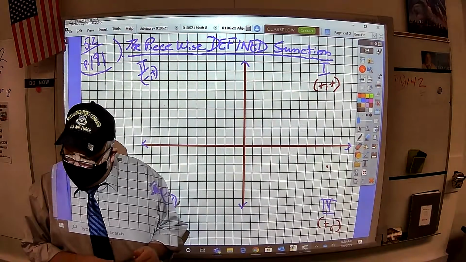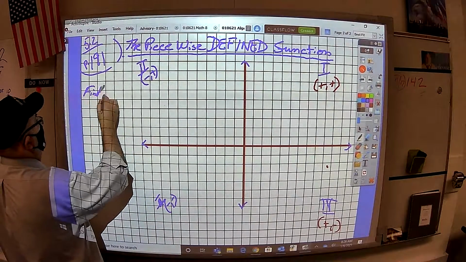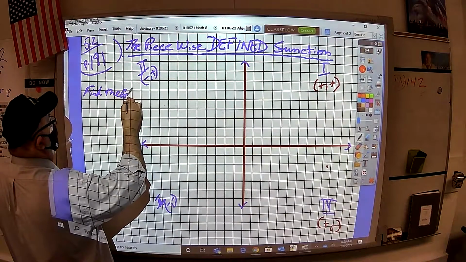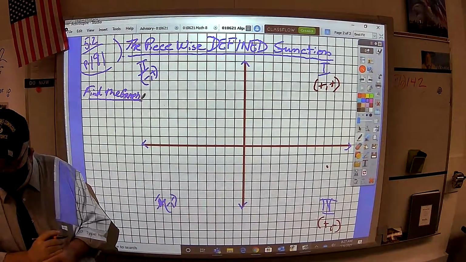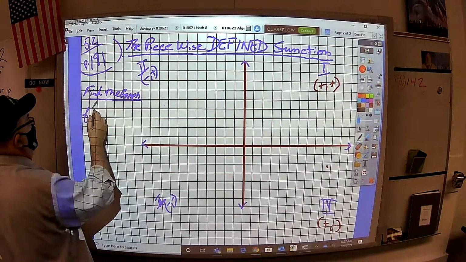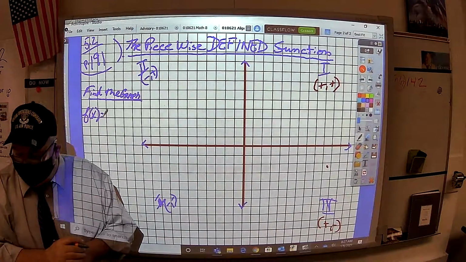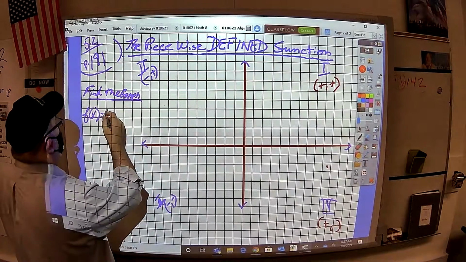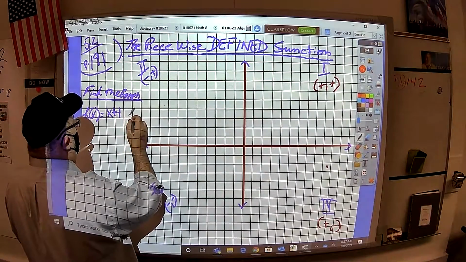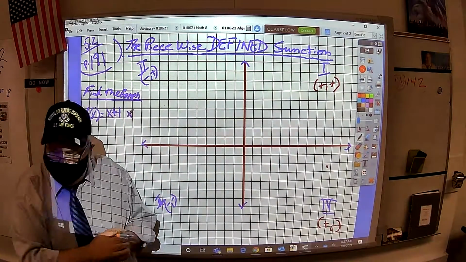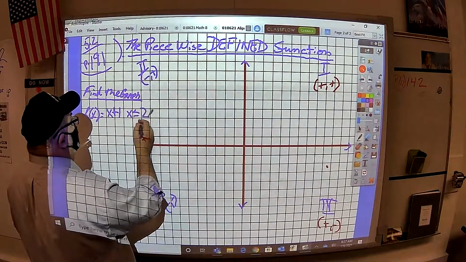We're going to find the graph of f(x) = y = x + 1, where x is less than or equal to 2.